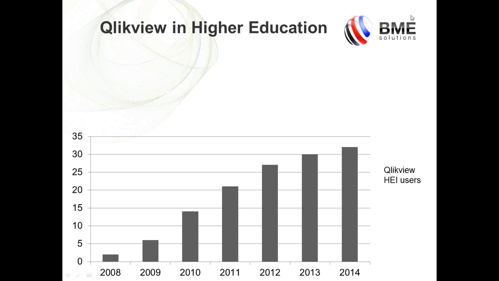So Qlikview in higher education. Back in 2008, there were two universities that bought Qlikview, Anglia Ruskin University and Bath Spa University. Six years later, in 2014, there are now 32 universities that use Qlikview.